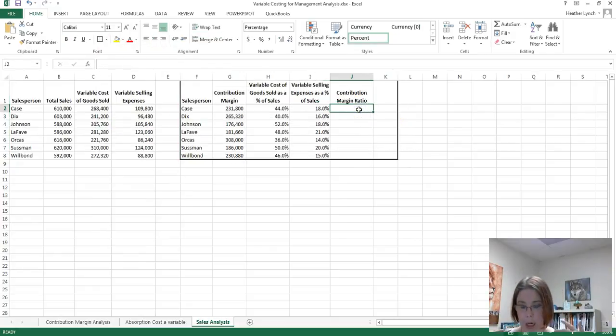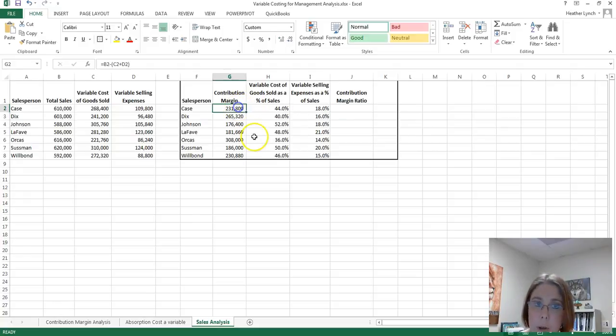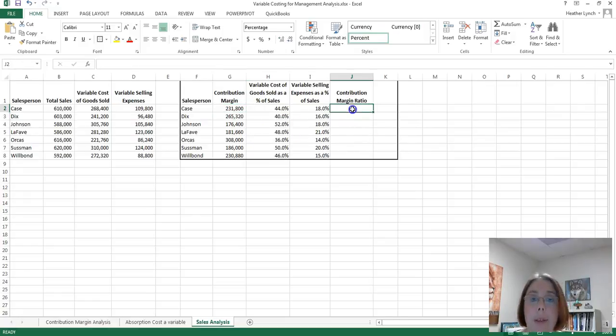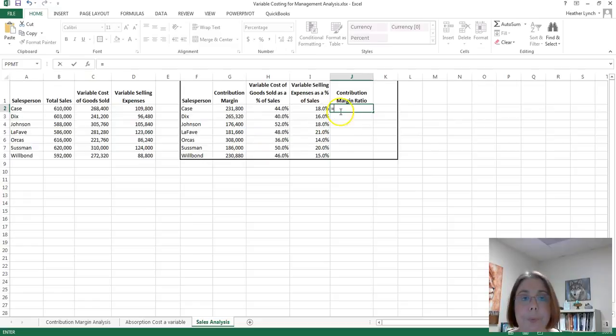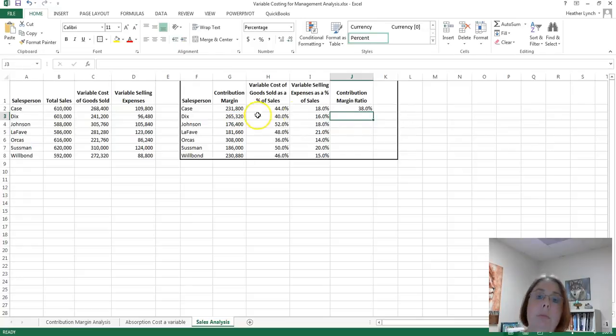Okay, contribution margin. So remember, contribution margin, we want it as a ratio. We already have our contribution margin that we found here, and on that one we can take our contribution margin and divide it by our total sales.